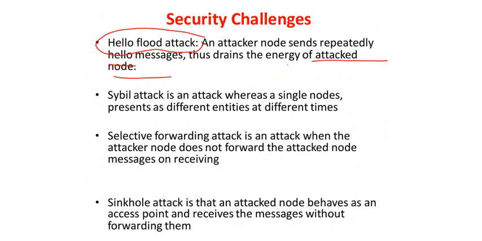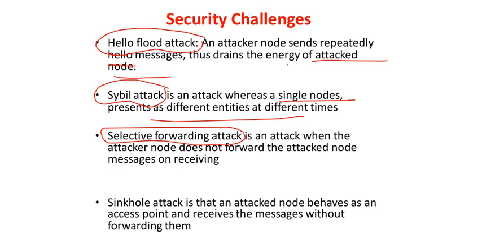Then you have the Sybil attack. A Sybil attack is an attack wherein a single node presents as different entities at different times, creating confusion for the data processing units. And there is one more, called the selective forwarding attack.